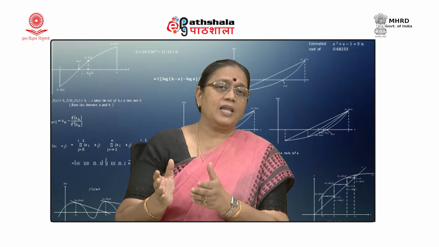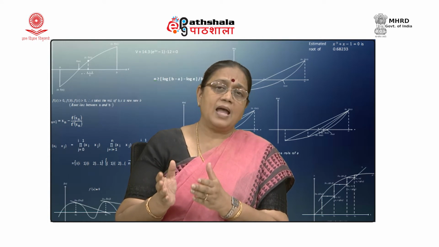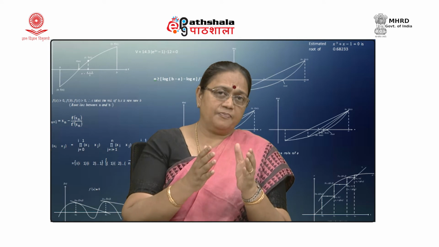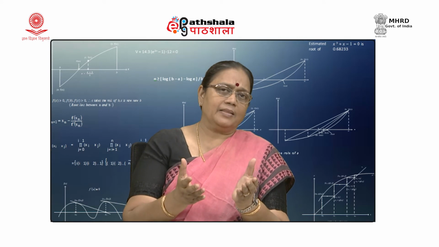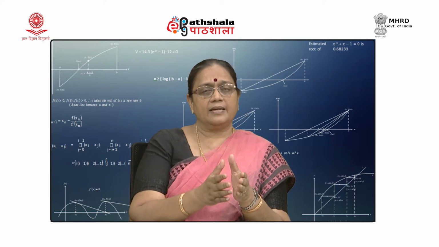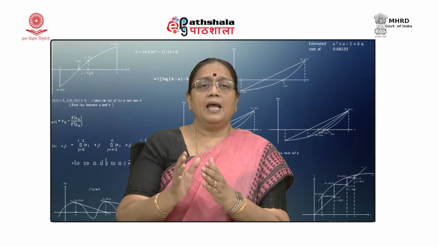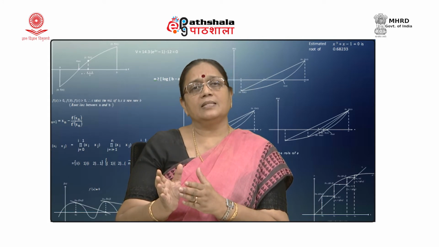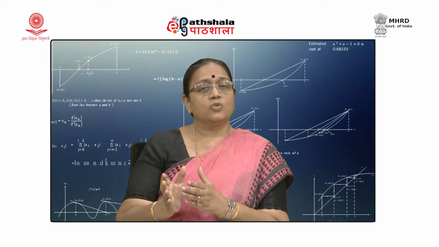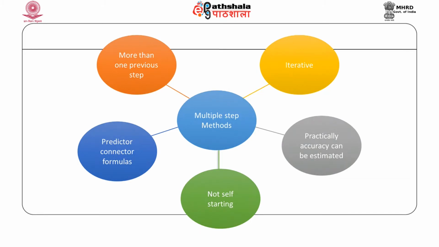How do we get these values? We need to generate values at x1, x2 and x3 from some other method, maybe single step methods, and only then can the multi-step methods be started. So, they are not self-starting methods, but they are iterative, so you can have an idea of the accuracy.